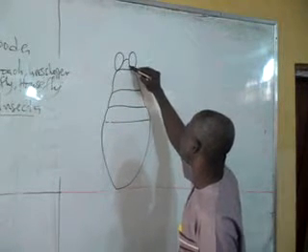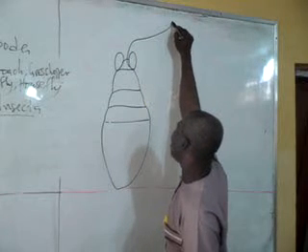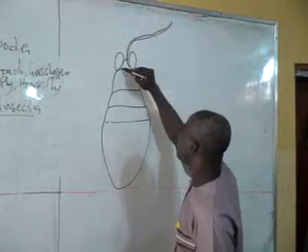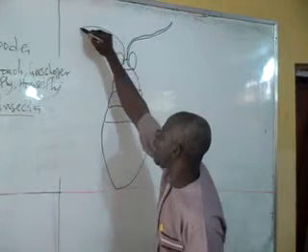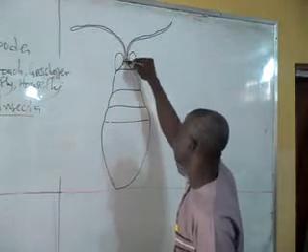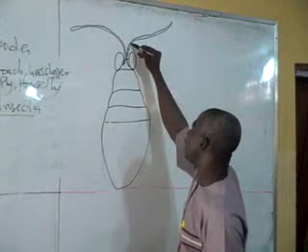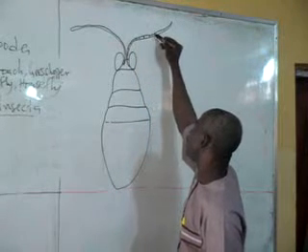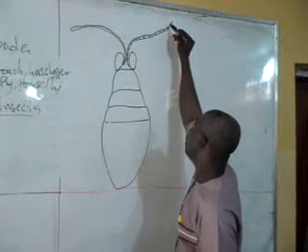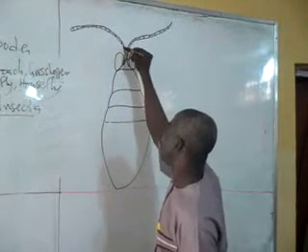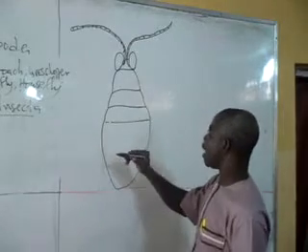compound eyes. The antenna is usually drawn with 2 lines. Always let your antenna be 2 lines and indicate that it is a joint. Then the compound eyes are there.